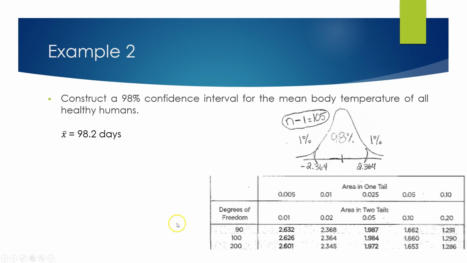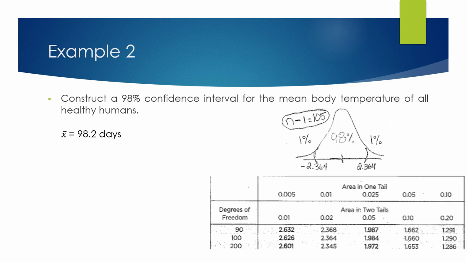Either way, you should come up with 100 and this column meeting to be 2.364 for your critical value. Now, just like how the z was symmetrical along the middle, so is the t-distribution, so those instincts will still apply. So this is what your picture for this will look like. Again, the pictures aren't graded portions unless they're a standalone question like they are in your learning quiz for this week.